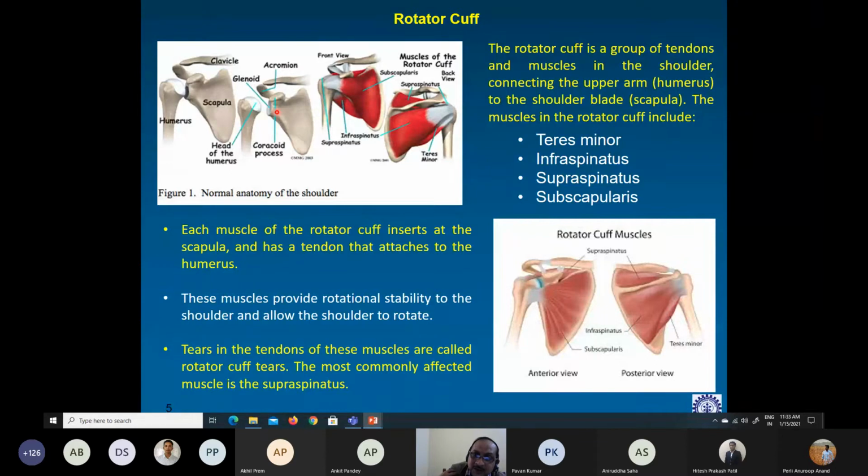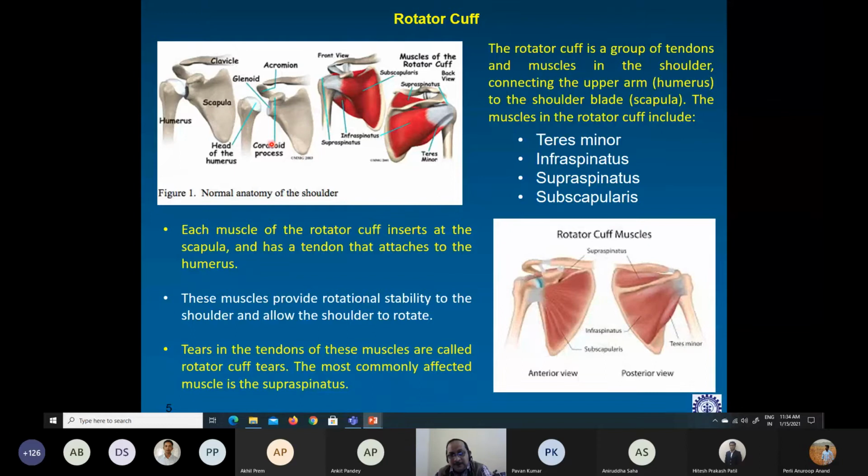The rotator cuff provides rotational stability to the joint. It also holds the joint in position, but there may be structural defects. Maybe the glenoid cavity is too shallow, and due to certain rotation, the humeral head comes out of the socket. This is a very common problem in many subjects.